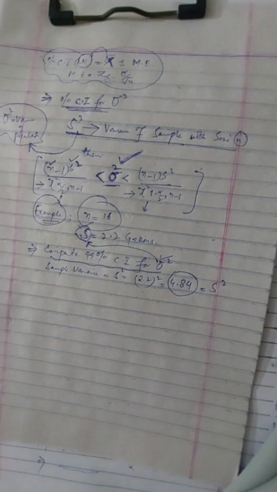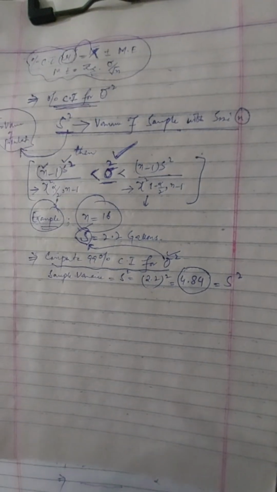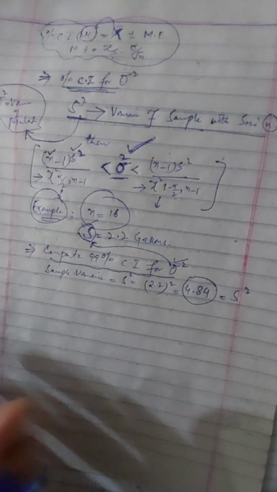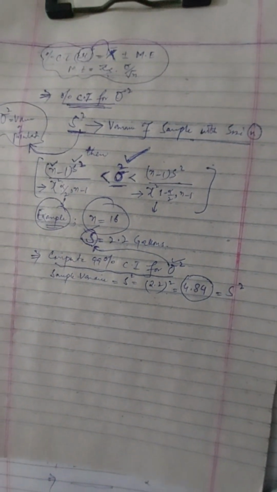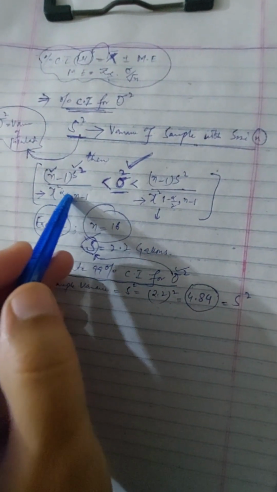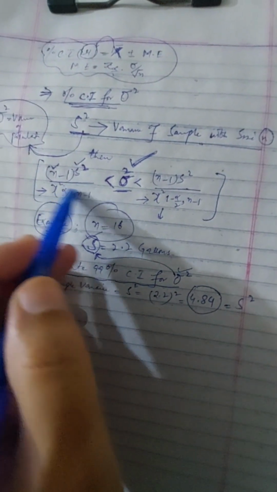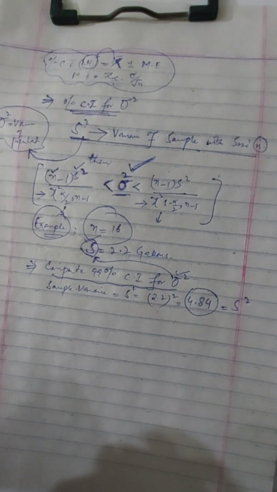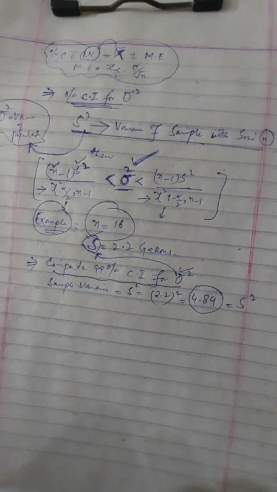Now we have N, we have S square. So now we have these two values. Let's put these values in and find the chi-square values from the statistical tables. I will show you how to find it also.